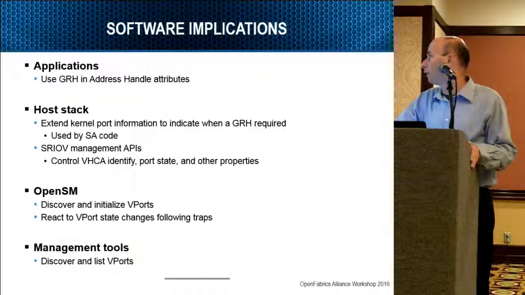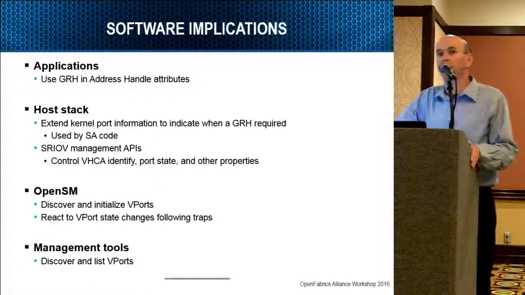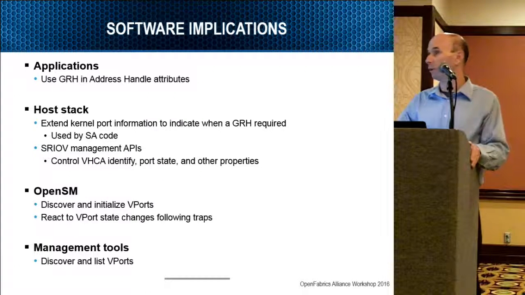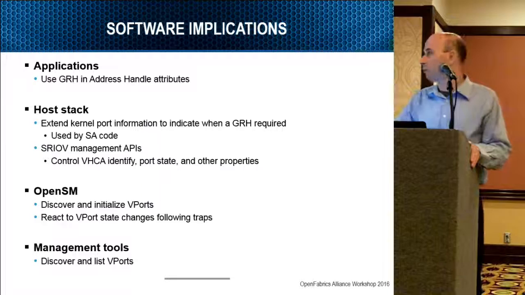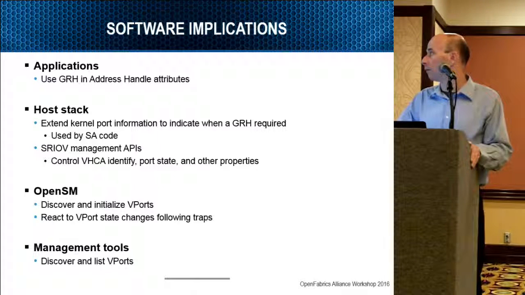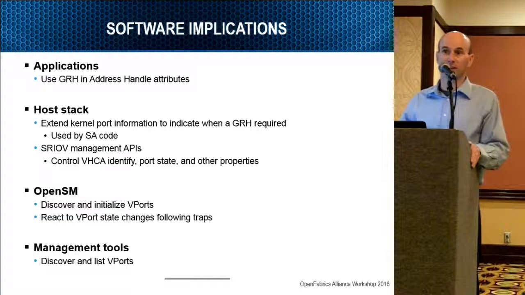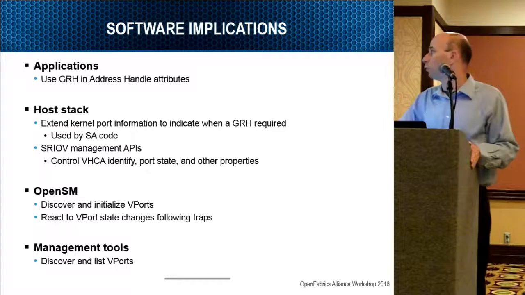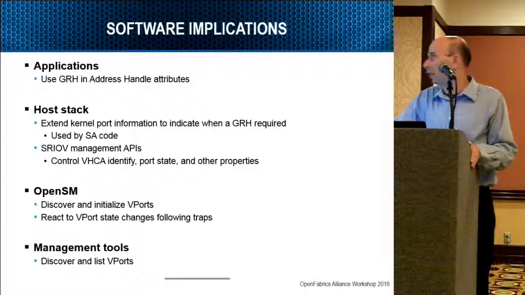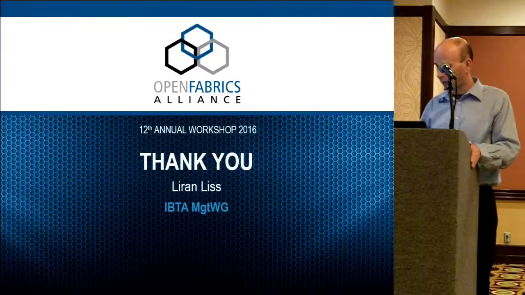And finally, management tools. When you look at the topology file, you might want to see the virtual ports that are behind physical nodes. Since everything is now explicit, the tools should be able to drill down one level and show you the virtual HCAs. I think that's about it.